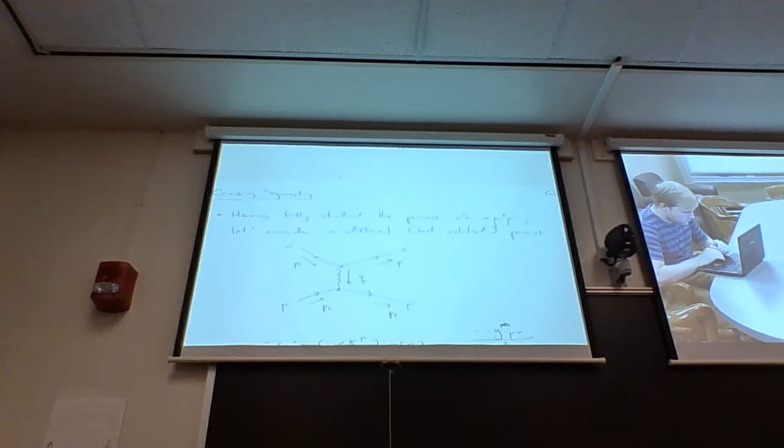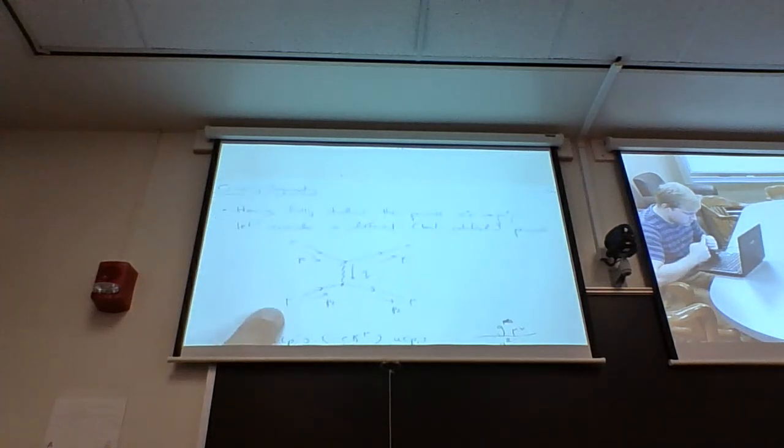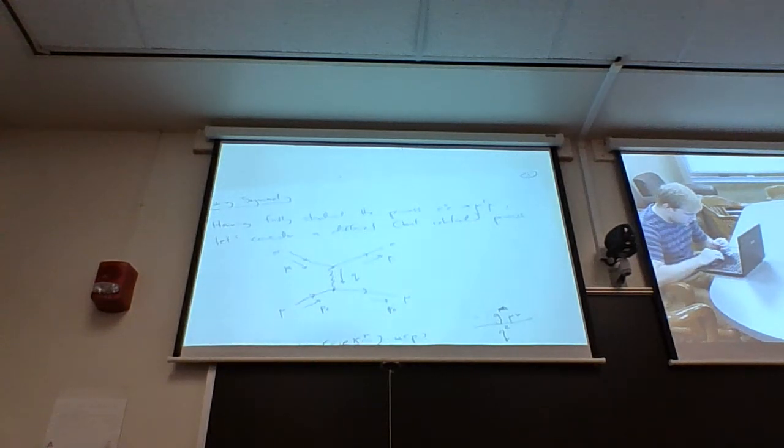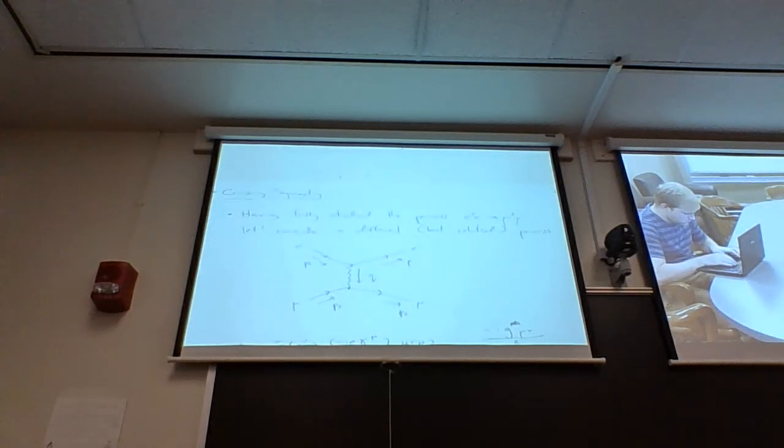Okay, so what I want to do is consider the process e minus mu minus goes to e minus mu minus. And for this particular process, there's only 1 diagram. So instead of it going like this, it looks like this.